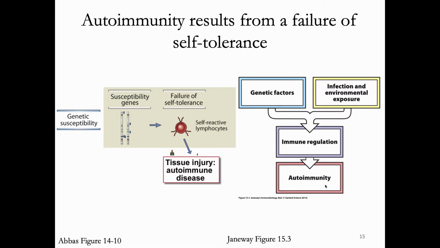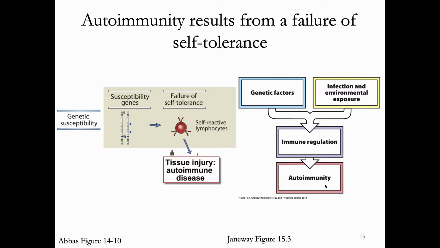But most likely, there's some type of genetic susceptibility to that autoimmune disease. So you have some sort of genetic predisposition. And then there's probably some type of event that happens as well. It may be an infection, and we saw some really nice examples of how infection can lead to a break in clonal anergy last time.